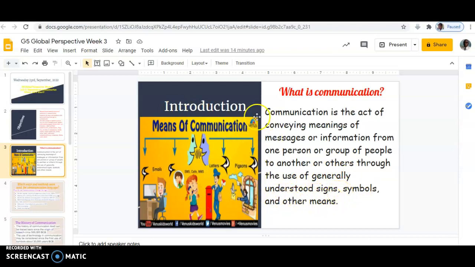When you look at this picture, it gives you some message. You get to know what is happening here. You can see two people talking, some people playing, and there's a way it tells you what is going on.